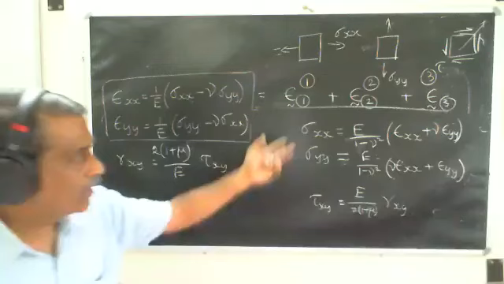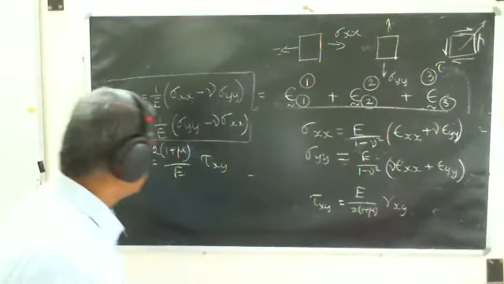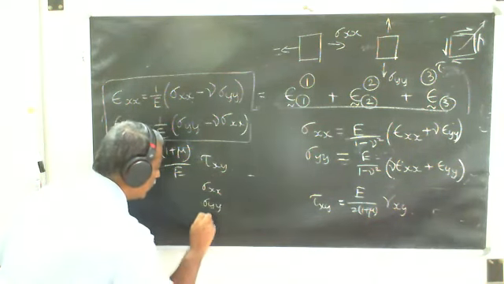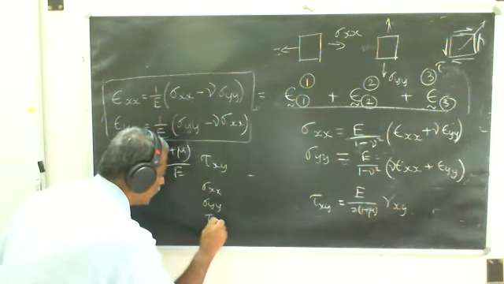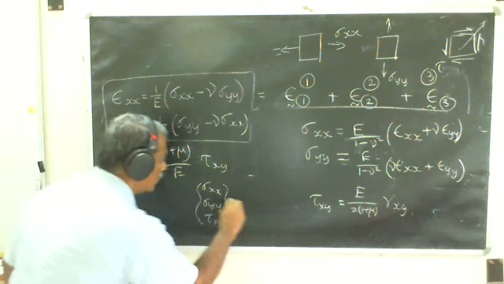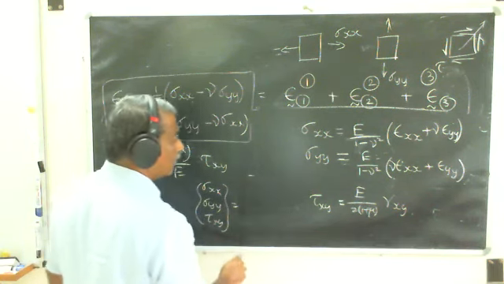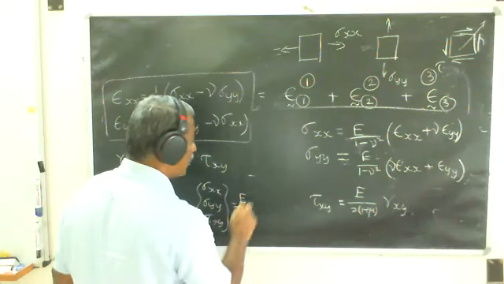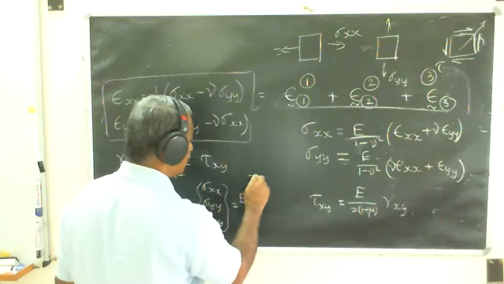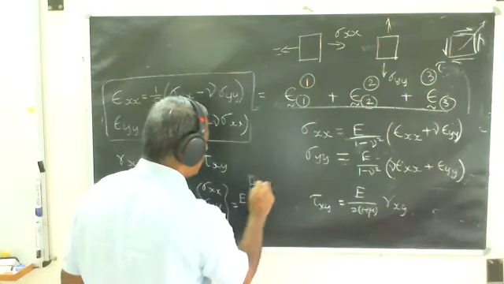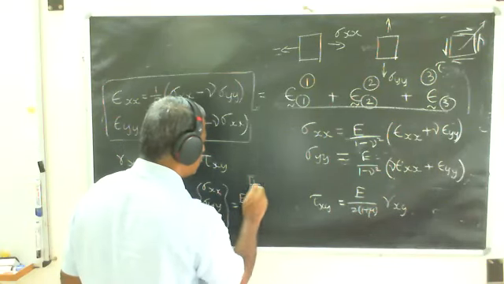Right. So I'm now able to write in the other form also. I can also write this as sigma xx, sigma yy, tau xy is equal to, I can take out E separately, over 1 minus nu square.